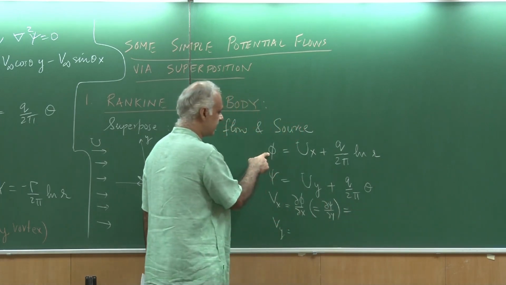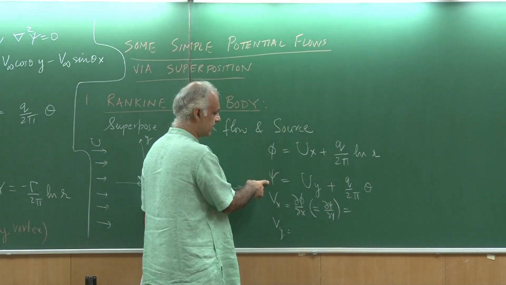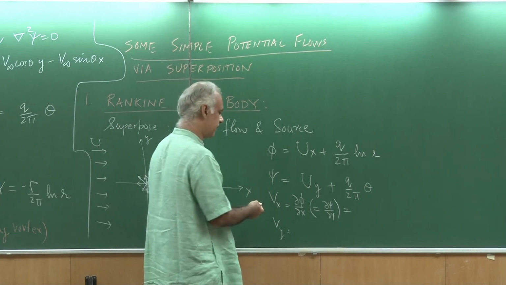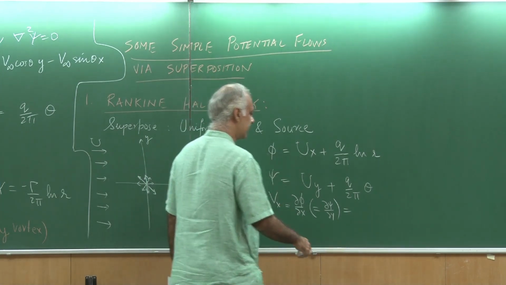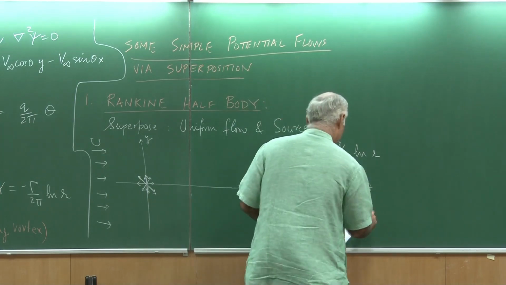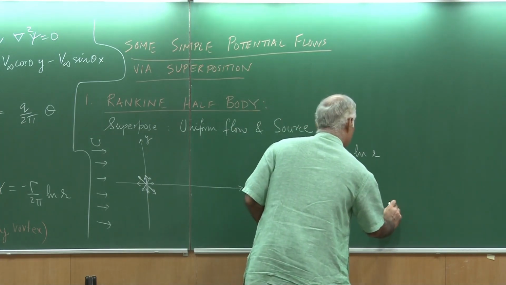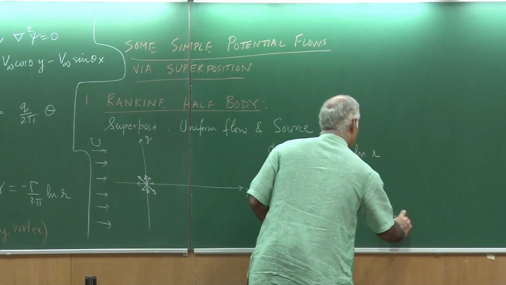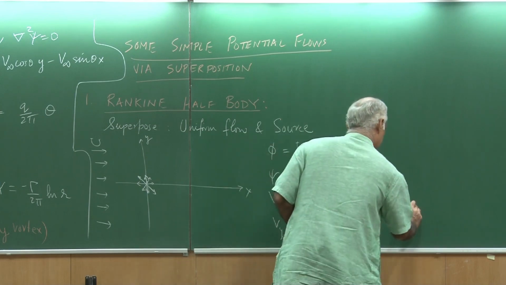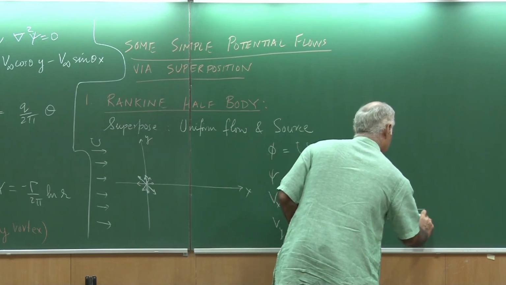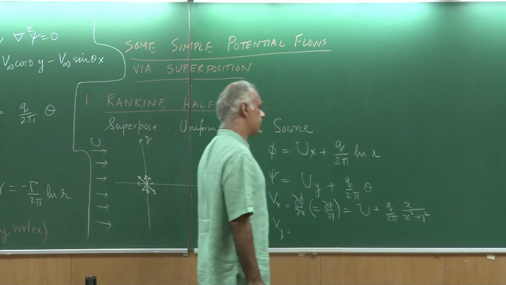So I can use either the phi equation or the psi equation, it's up to me. Both will give me the same answer. So del phi del x, as you can see, would be simply U plus q by 2 pi x divided by x square plus y square.